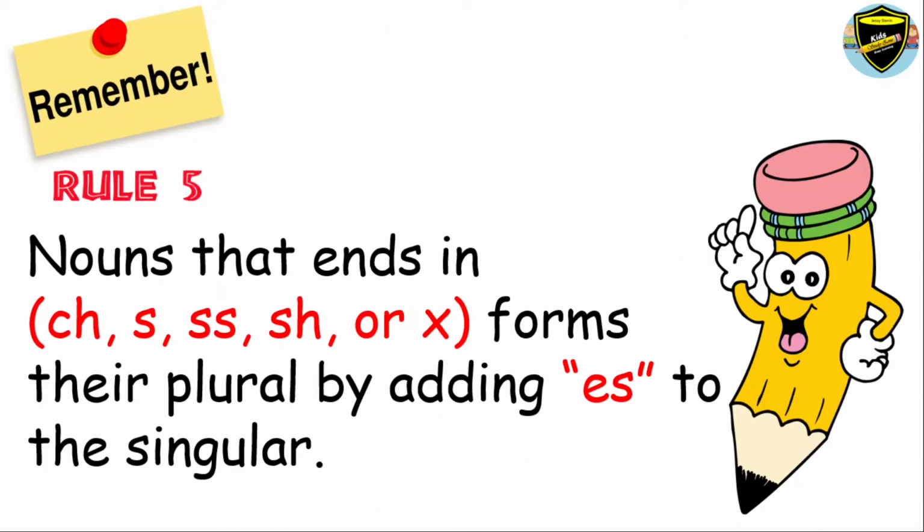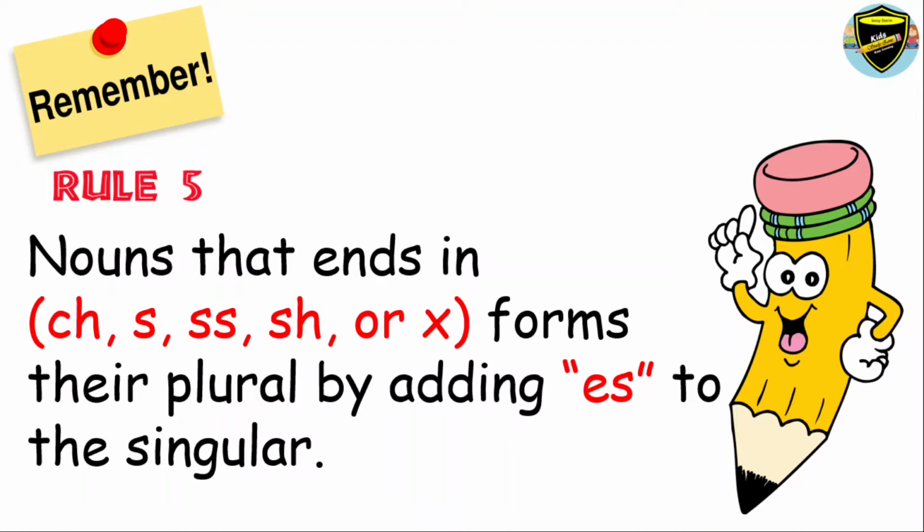Now let's move on to rule number 5. Nouns that end in ch, s, double s, sh or x form their plural by adding es to the singular. That means if the noun ends with these letters, then you will add es to it to form the plural.